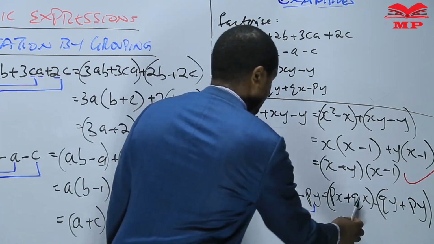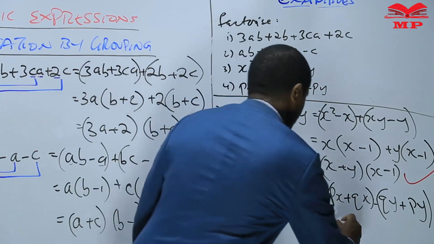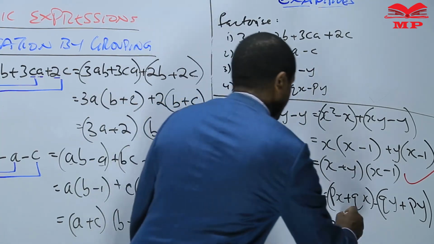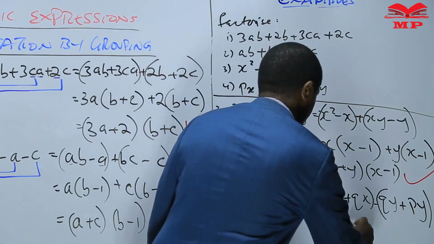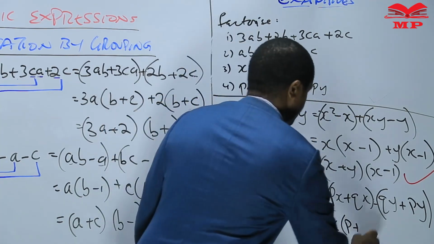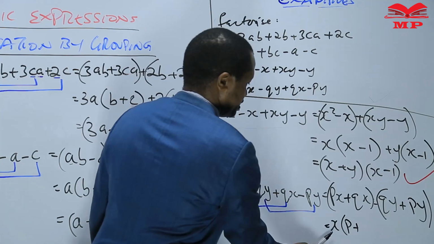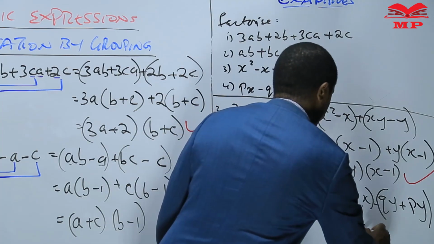What is common here and there? We have x common. So x into px divided by x is equal to p, plus qx divided by x will give us q.